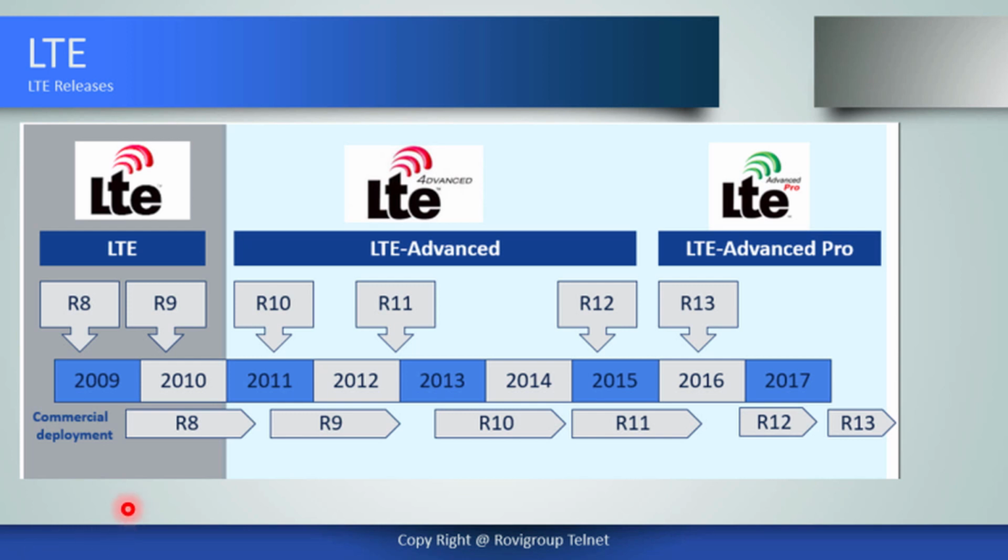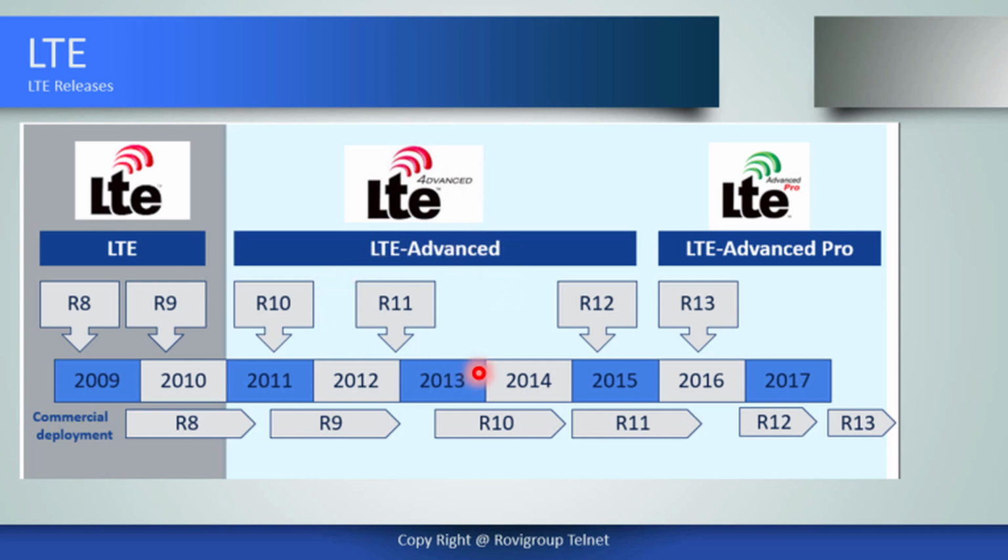In this slide, you can see different releases of LTE. LTE was first commercially launched in 2009, and the first release of LTE was R8, which had the basic features of the LTE radio network, and which contained how the LTE frame structure would be, what features LTE will have, what the MIMO and the modulations would be, and other information.